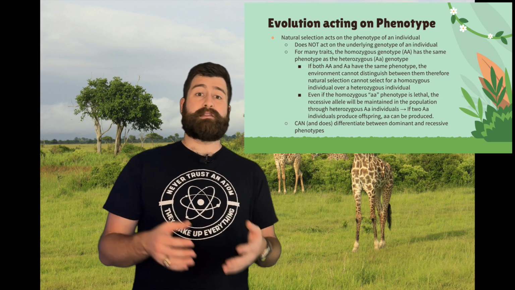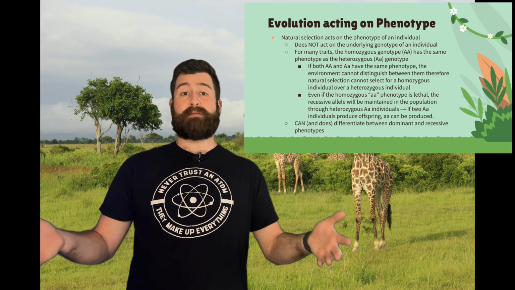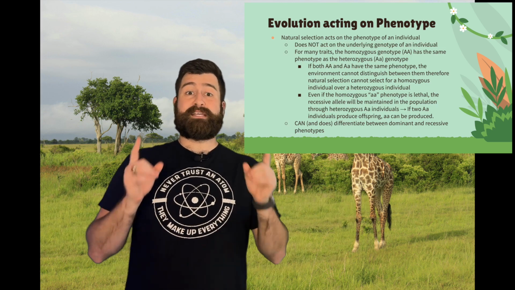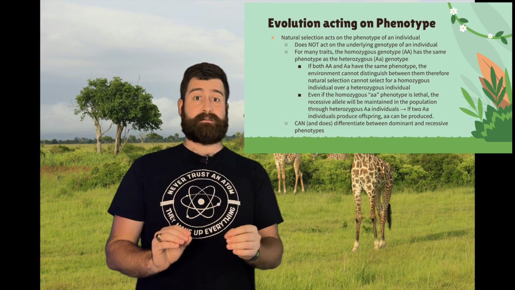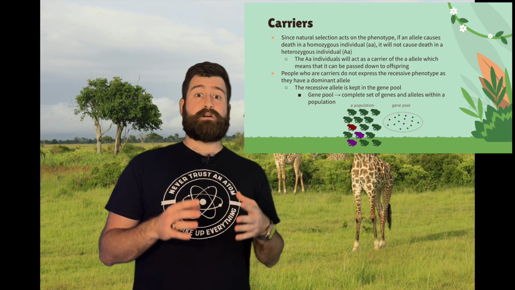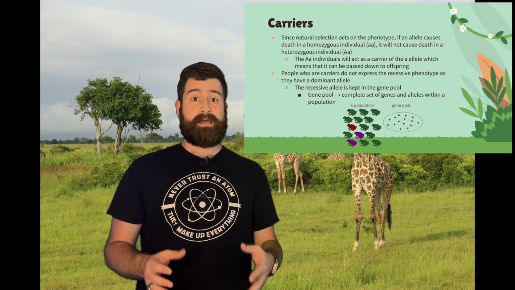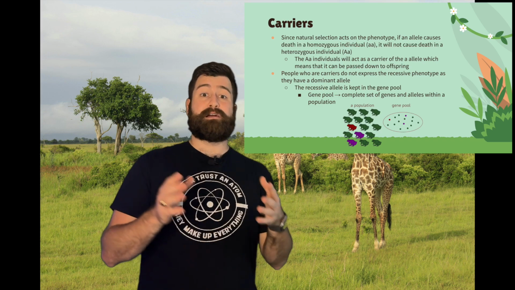If two A, lowercase a individuals produce offspring, lowercase a can be a result and passed on like I just mentioned. Evolution and natural selection can and does differentiate between dominant and recessive phenotypes though. Since natural selection acts on the phenotype, if an allele causes death in a homozygous individual, like lowercase a lowercase a, it will not cause death in a heterozygous individual like A, lowercase a.